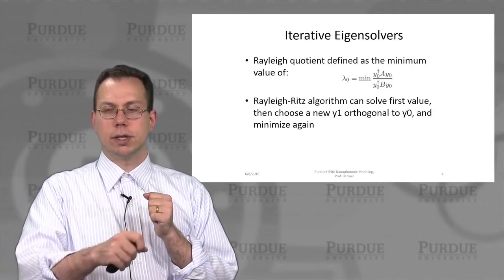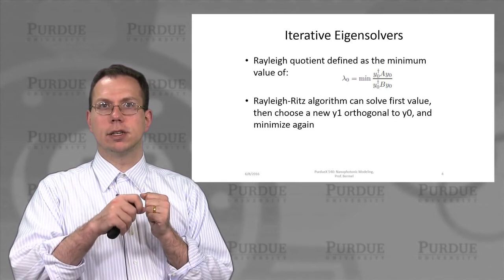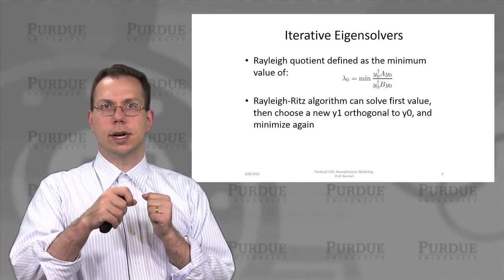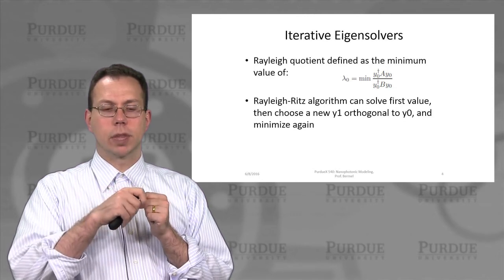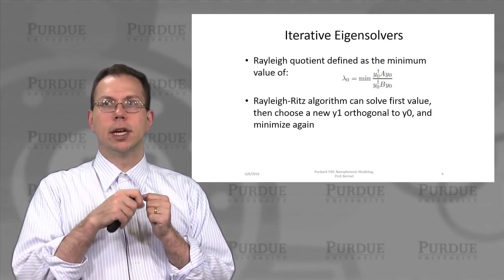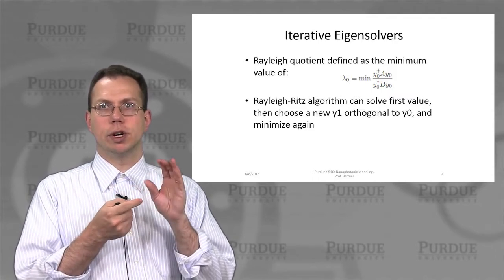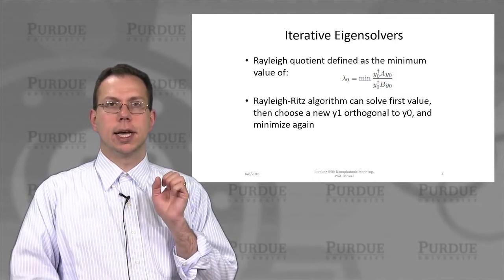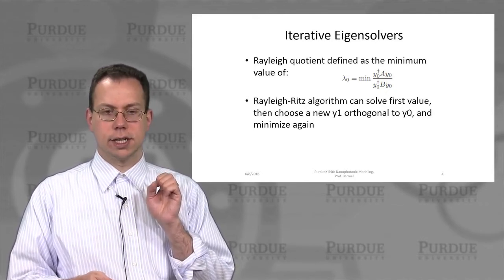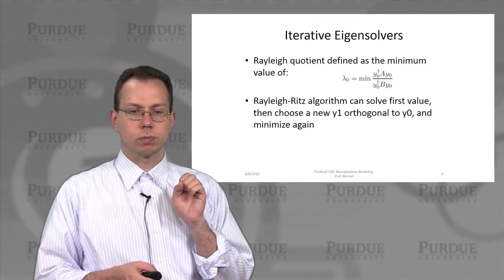That means you won't allow any y naught components, because you're assuming that every new solution is orthogonal to the previous solution. And then you can build that up by a step-by-step minimization. You can either do one at a time or do it in small blocks at a given time until you get to p-bands, however many bands you need. So you're not strictly limited in the number of bands.